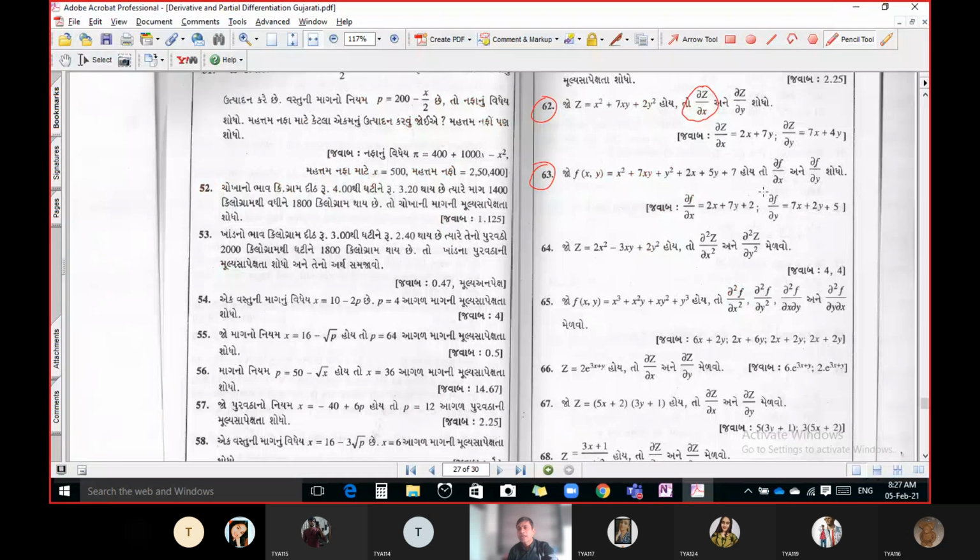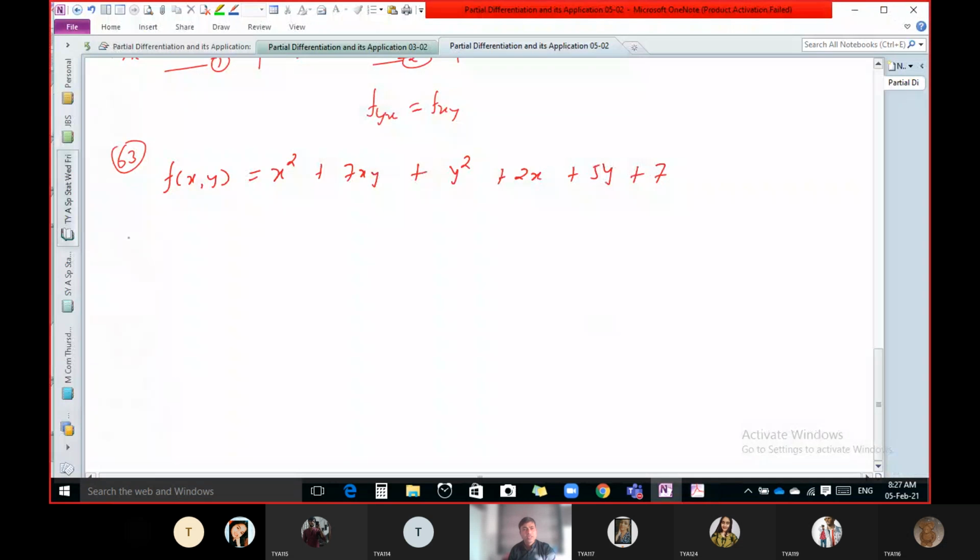And what we have to find here is delta f upon delta x, that is nothing but fx. What is the derivative of x square? 2x plus 7y plus 0 plus 2 plus 0. So the answer is 2x plus 7y plus 2.